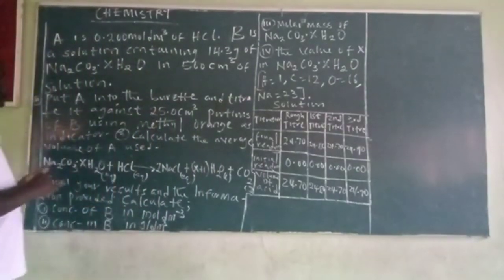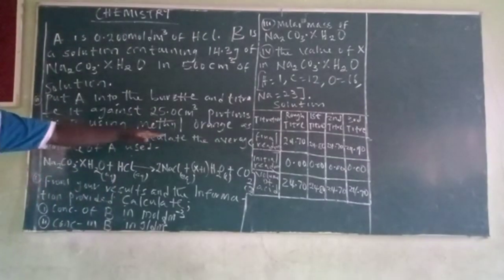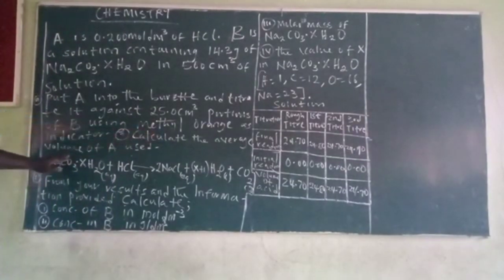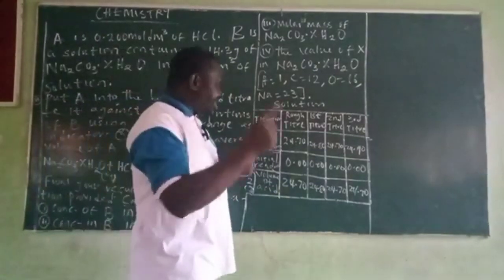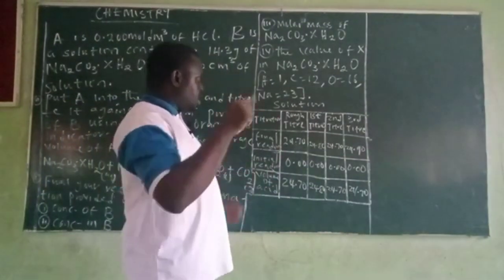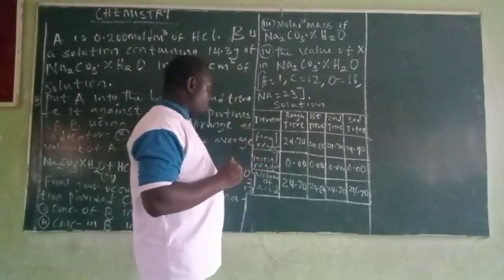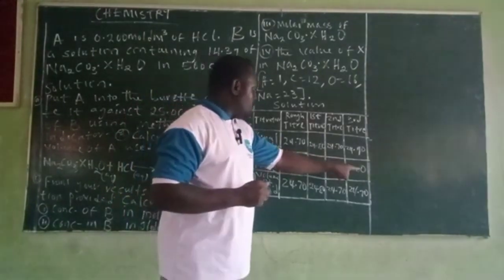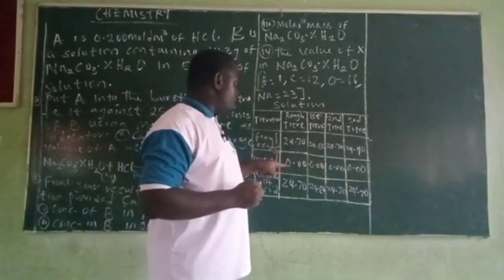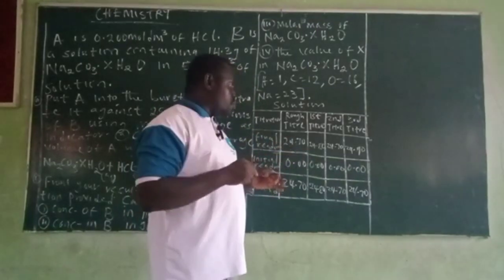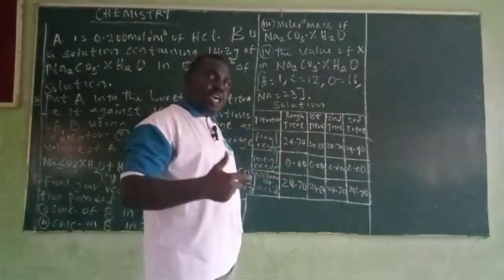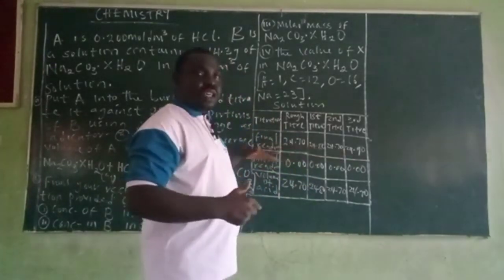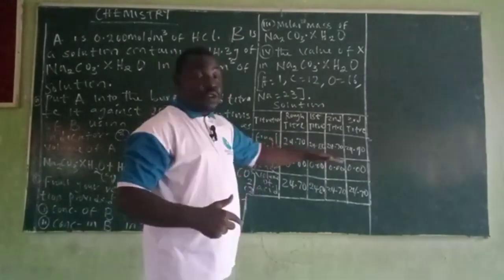Now we are simply told to find the average volume of A used, that is, the volume of the acid used. I said in the last video that if you think you're not the careful type, it's better that everything is on 0. That is, your initial reading should be on 0.